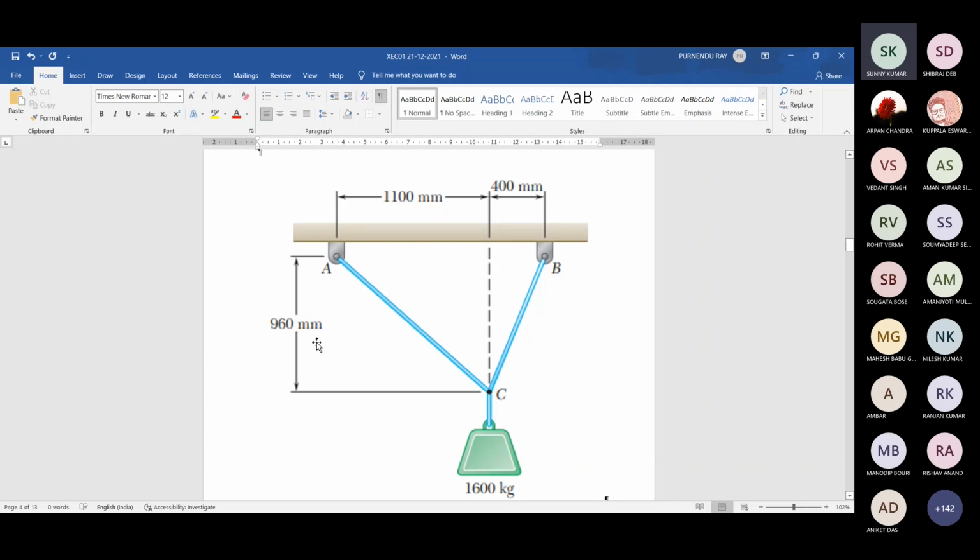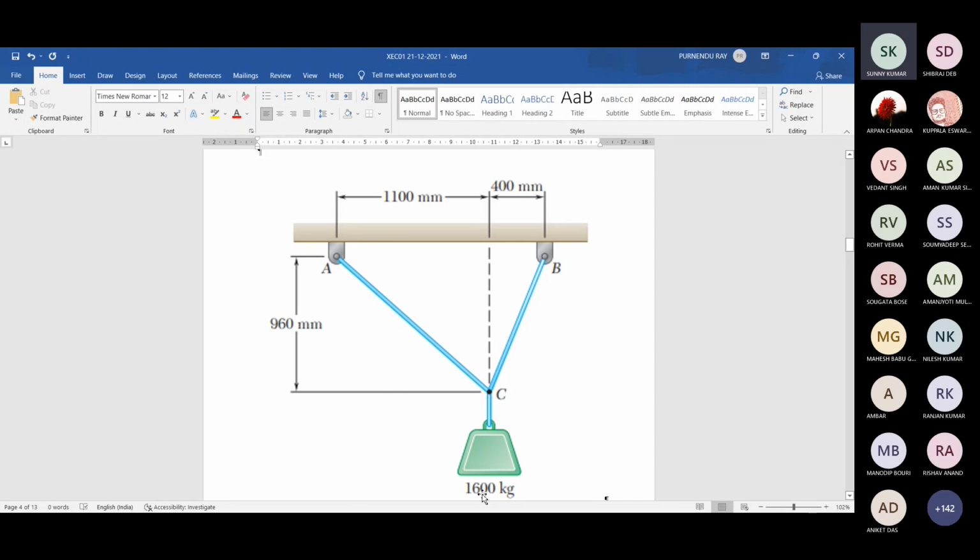It is at this distance of 960 millimeter from this level. Okay, a very simple situation. Now, as this block is not moving, it is not falling down, so it is under equilibrium. Now that equilibrium under how many forces?